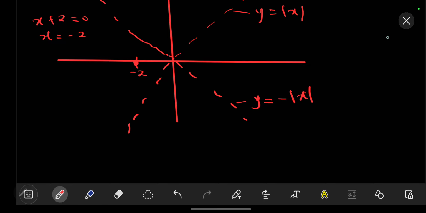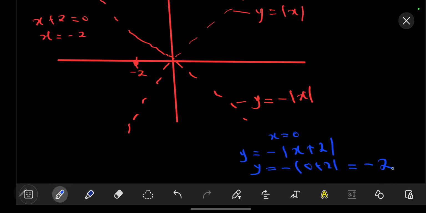Let me use a different color. Our negative 2 there. Then we are going to go at the intercept. So which one is our intercept? So we need to find that. So we have y equals the negative of the absolute value of x plus 2. So to find the intercept, x is equal to 0. So y should be equal to negative, then we have 0 plus 2, which should be equal to the absolute value of 2 is 2 times this negative.